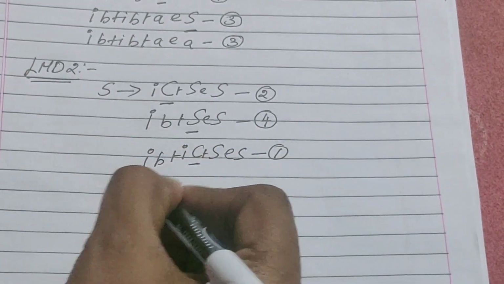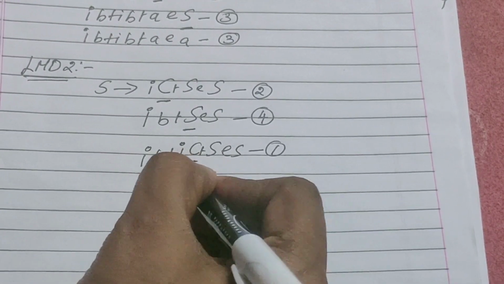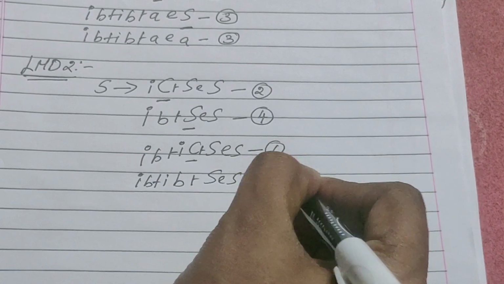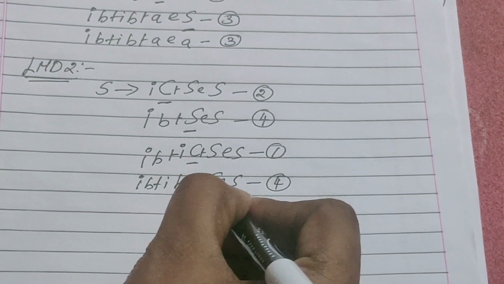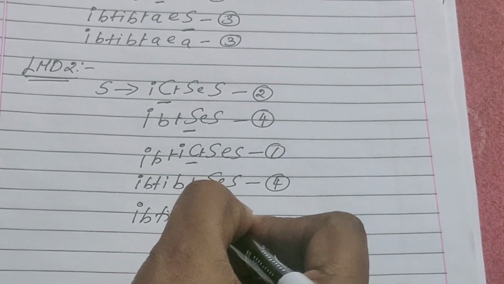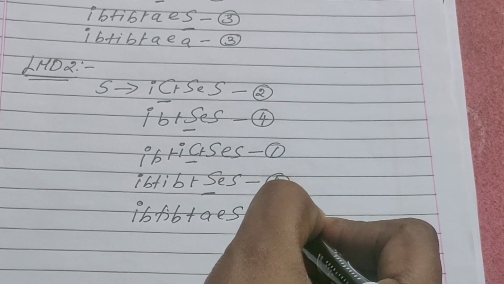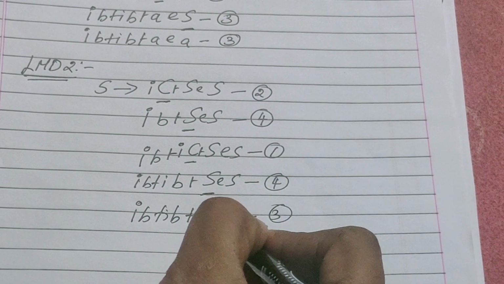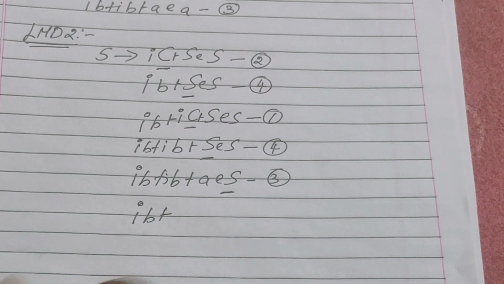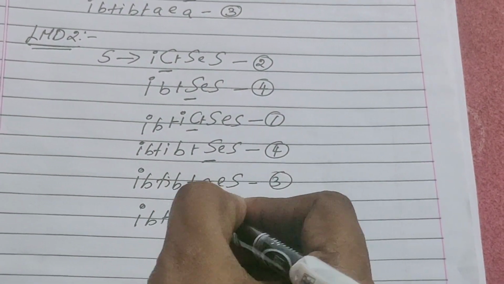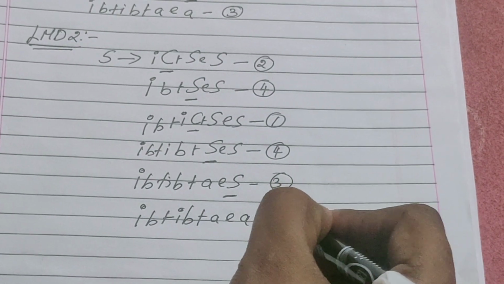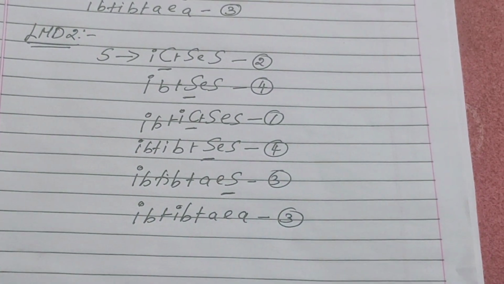This C is replaced by B, rule number 4. Now this S could be replaced by A, which is rule number 3, and now this S could be replaced by A again. IBTIBTAEA. So rule number 3 once again we have applied.